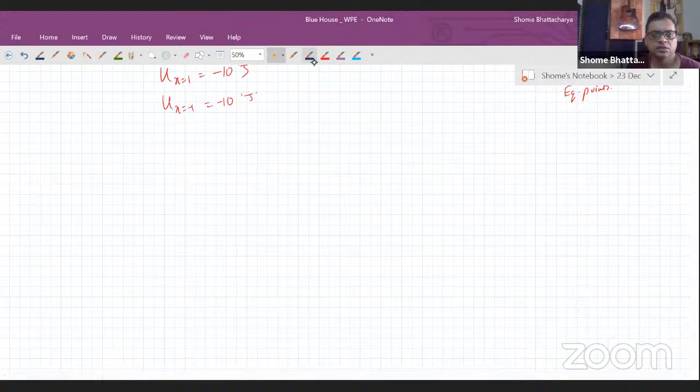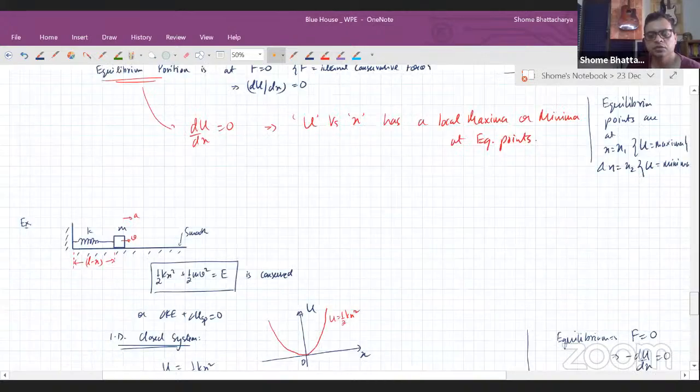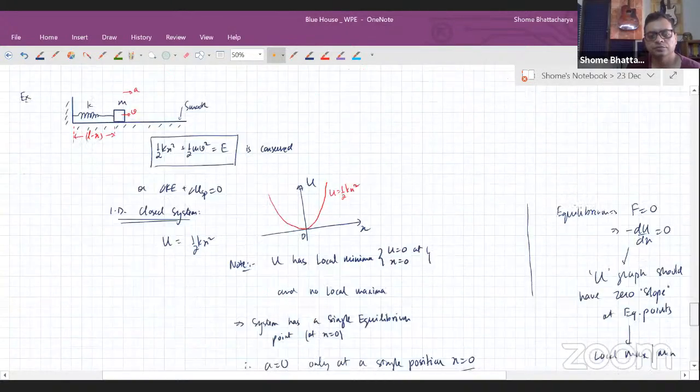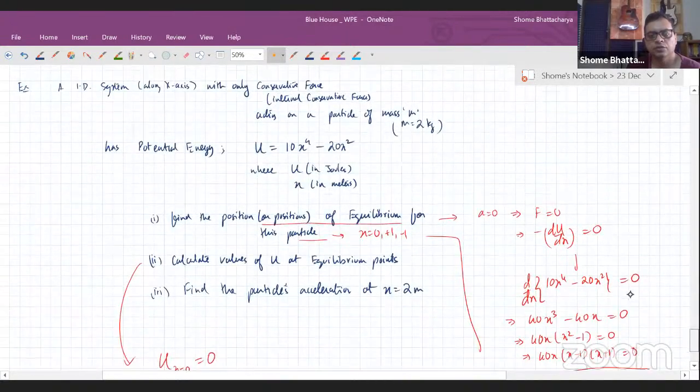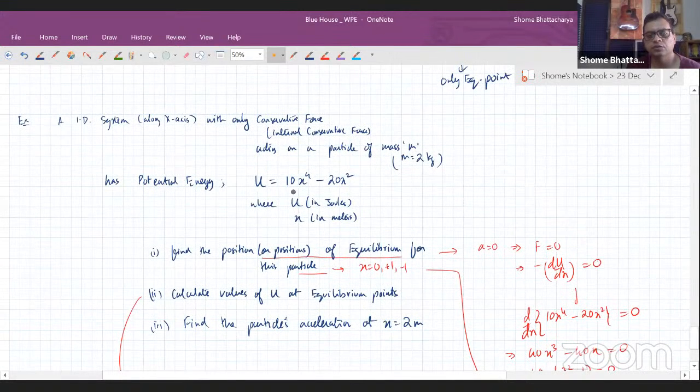Okay, now as far as the third part is concerned, we want to find the acceleration of the block at x equal to 2 meters, at x equal to plus 2. And for that, we'll make use of this formula again, the value of force that we can get by dU by dx and the mass.